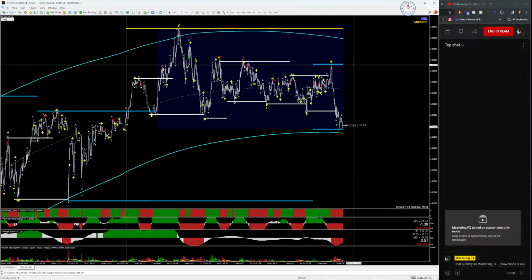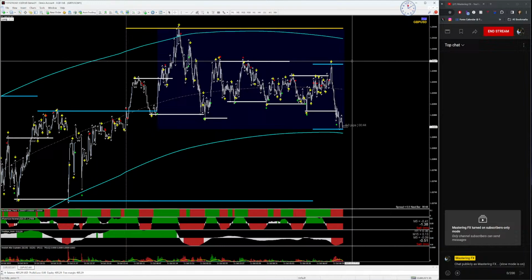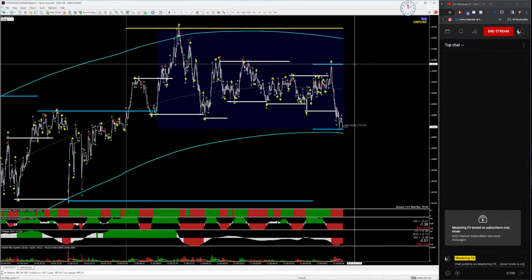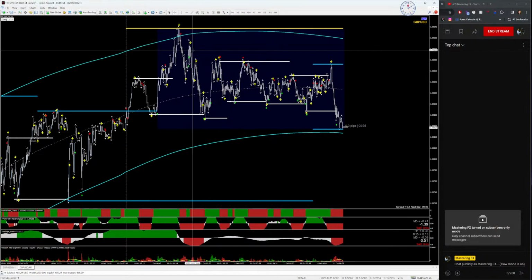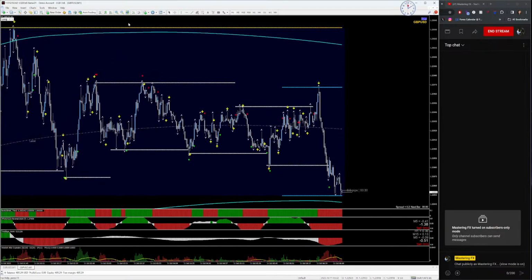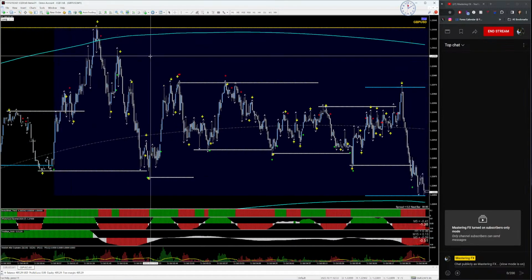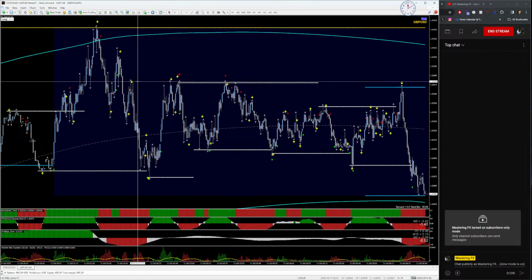So in this case, I would be okay with a sweep of those highs here, and then maybe hitting an order block here, or is there a fair value gap? Let me check. There's actually a fair value gap left. Let me point this out here. So we had this.